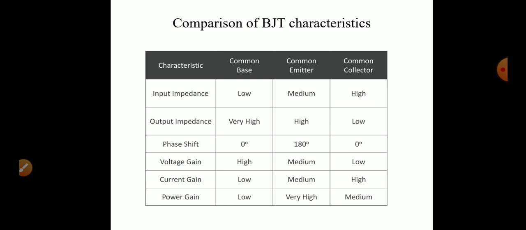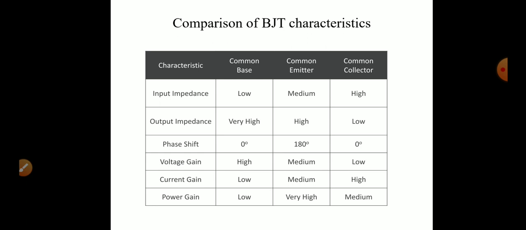In common base, the input impedance is very low, and for common emitter input impedance is medium, and for common collector input impedance is high. That means the input impedance increases from low to high when we move from common base, common emitter, to common collector.